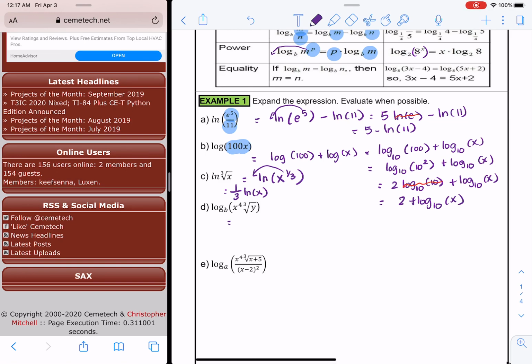So here in part D we have product, we have power, got a whole bunch of things going on. So we start with the product. There are two terms, x raised to 4 times the third root of y. So I write it as a sum.